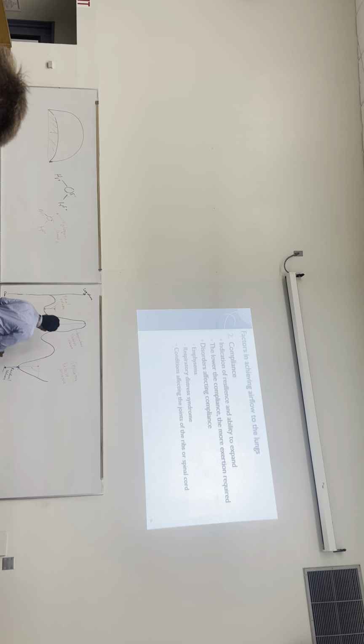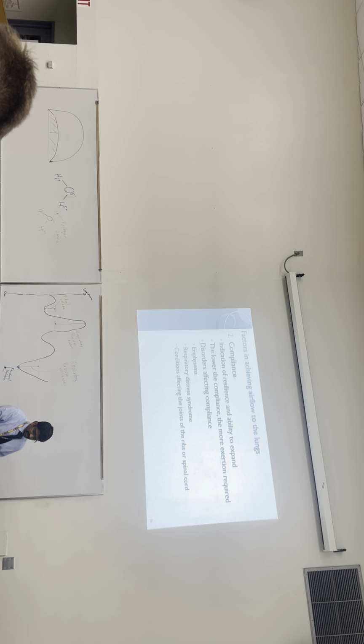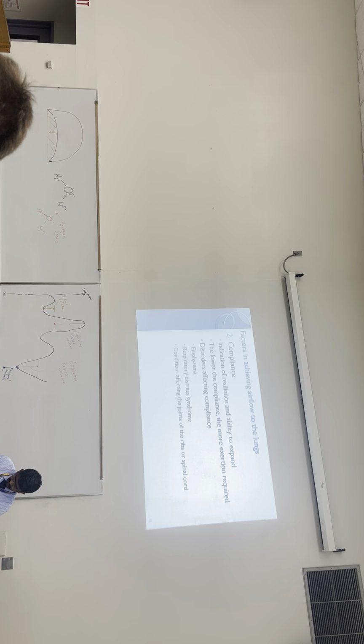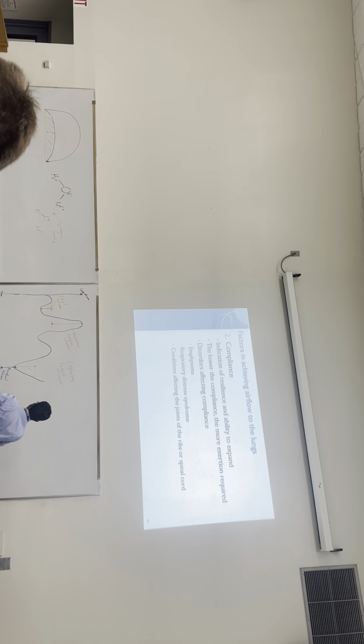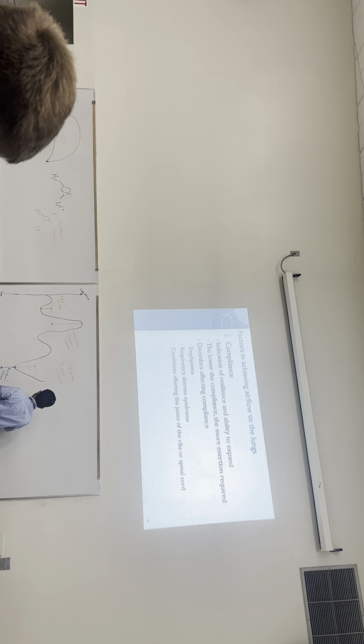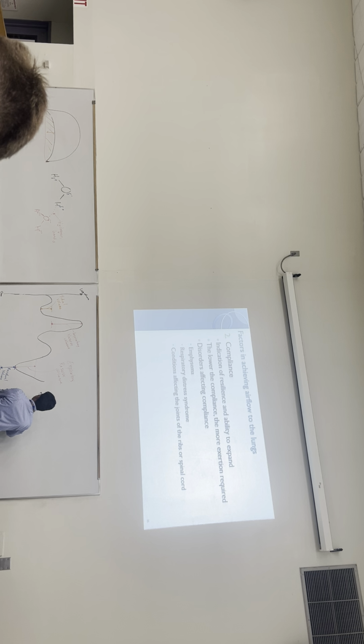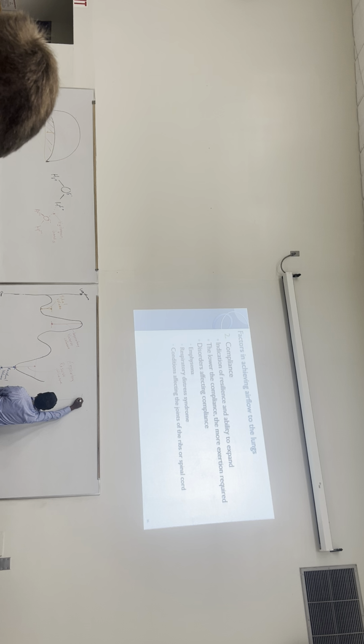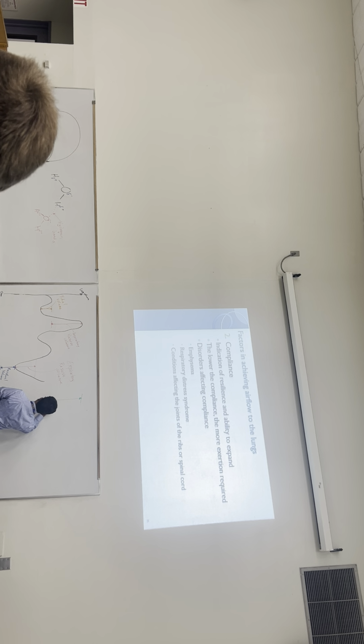Then the last one is called vital capacity. Okay, this is the maximum amount that can be exhaled. So you can either start from the bottom and go up in the explanation: the maximum volume of air that can be inhaled after maximal exhalation.